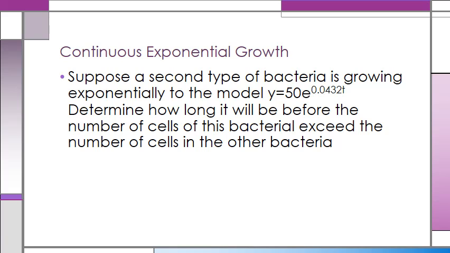So now we're told that suppose the second type of bacteria is growing exponentially according to the model y equals 50 times the natural base raised to the power of 0.0432, that's k, times time. Determine how long it will be before the number of cells of this bacteria exceeds the number of cells in the other bacteria. And so we're going to set this up as a greater than.